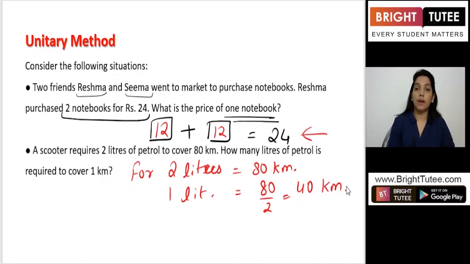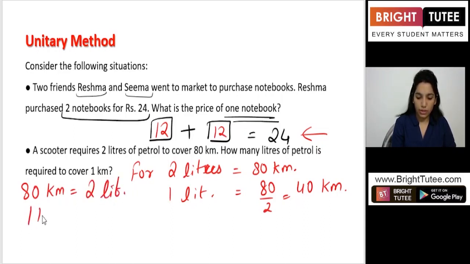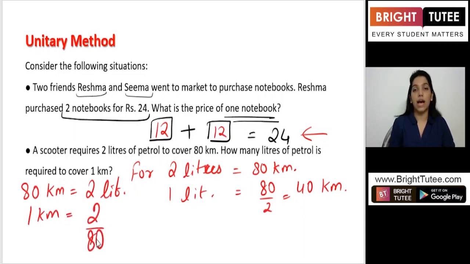So instead of dividing this distance by liter, we need to find, let us write it here, 80 kilometers is for 2 liters. So 1 kilometer will be 2 over 80. I hope this is clear, that if 2 liters equals 80 kilometers, then in order to find 1 liter, we divide 80 by 2. But here 80 kilometers in distance is covered in 2 liters of petrol.